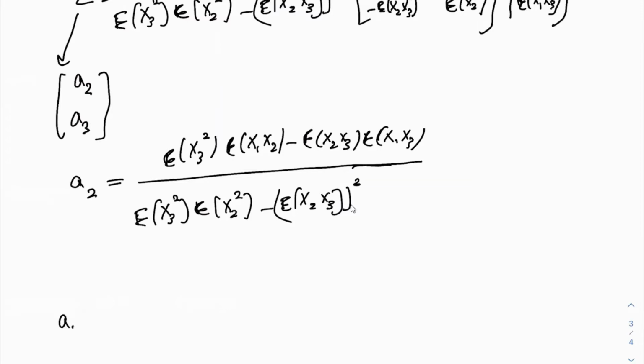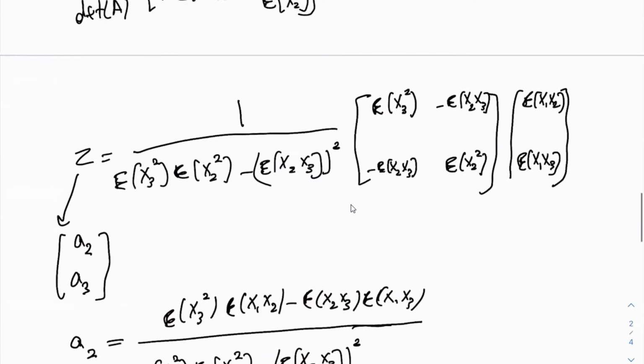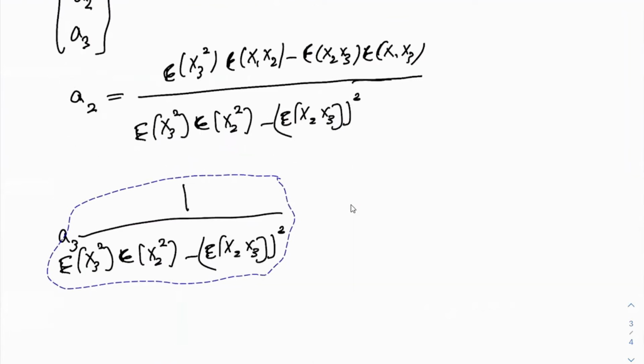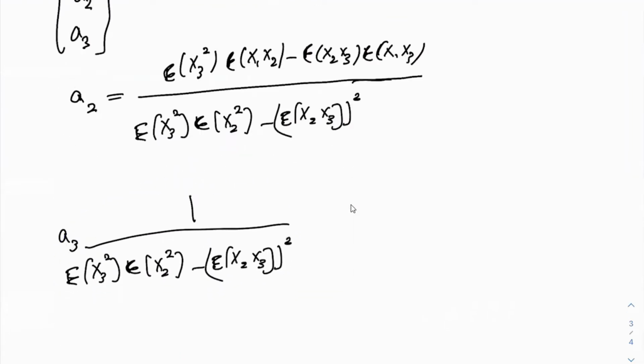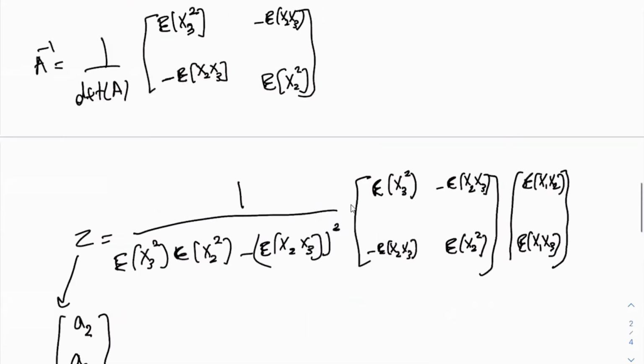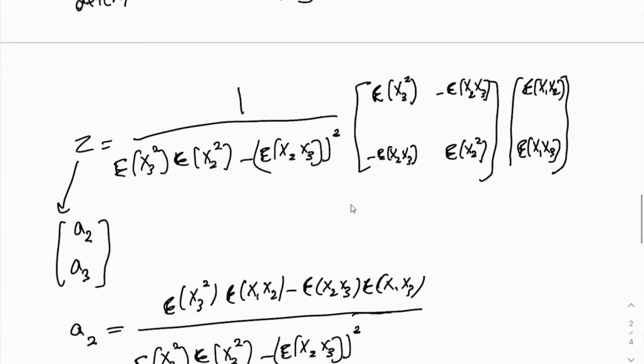And then A3, remember the denominator is the same, so we just need to fill out the numerator. This row is going to be multiplied by this one, so it's going to be E of x1, x2.